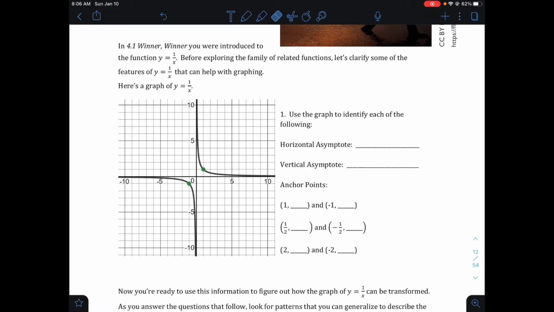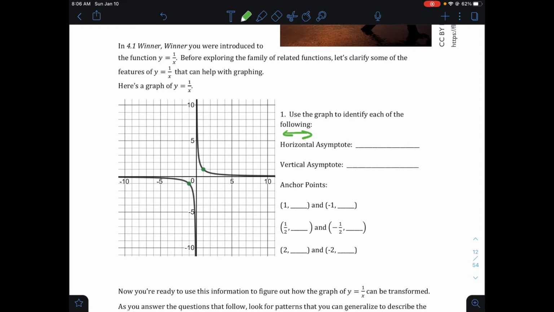So it says horizontal asymptote. Horizontal means this way. I'm sure you probably know this, but if you get horizontal and vertical mixed up, I was always taught like the sun comes over the horizon. So that's how you know it's side to side. The horizontal asymptote is going to be the one that goes from right to left.